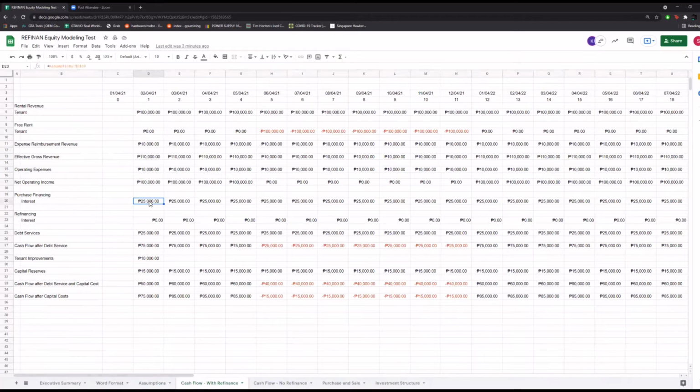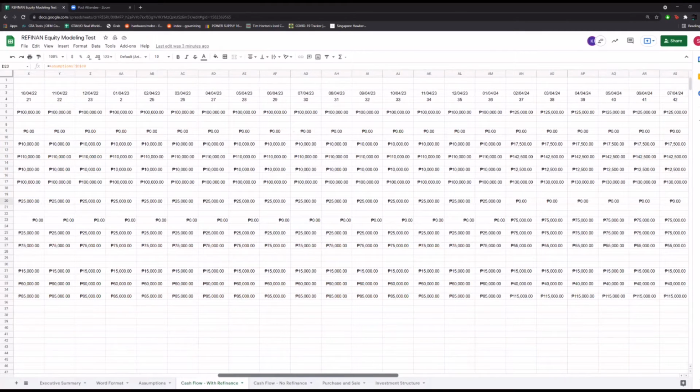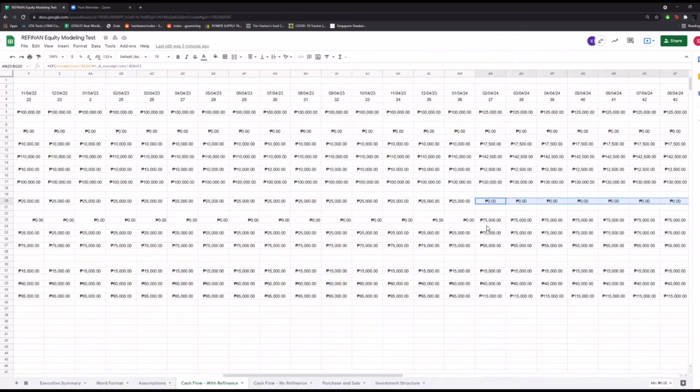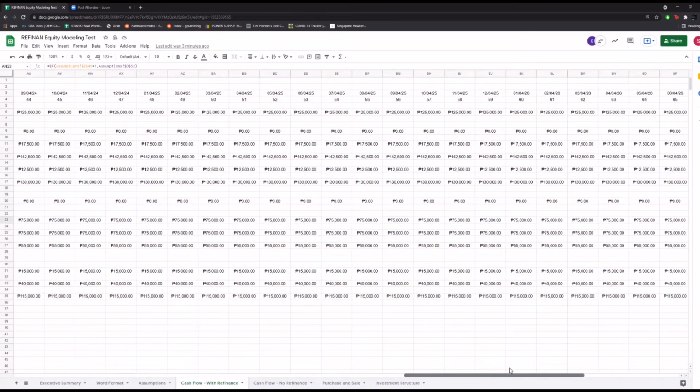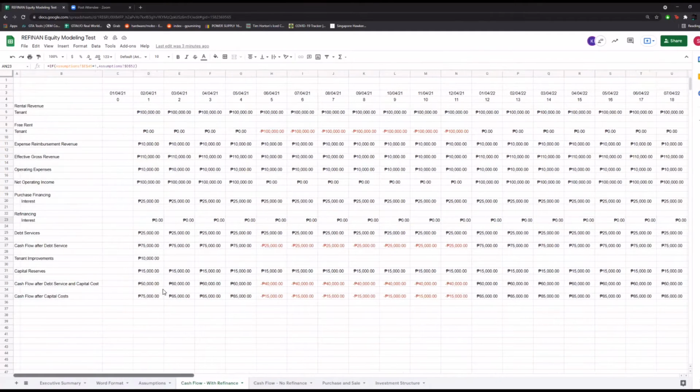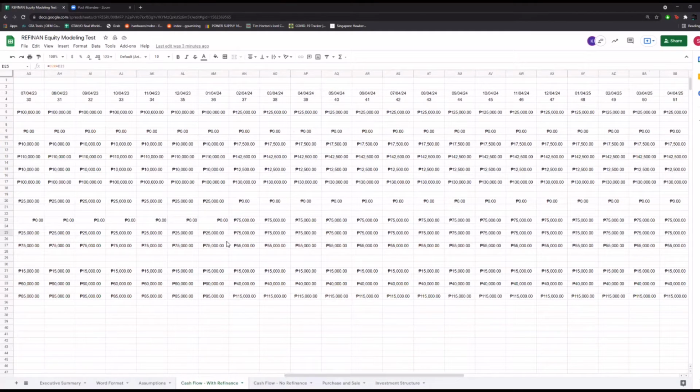In our purchase financing, since we are doing refinancing, we only put 25,000 until the 36th month, and it doesn't count all the way until the end. Due to the refinancing, we put in 75,000 until the 72nd month, starting on month 37. For debt services, it is 25,000 until the 36th and 75,000 until the last month.